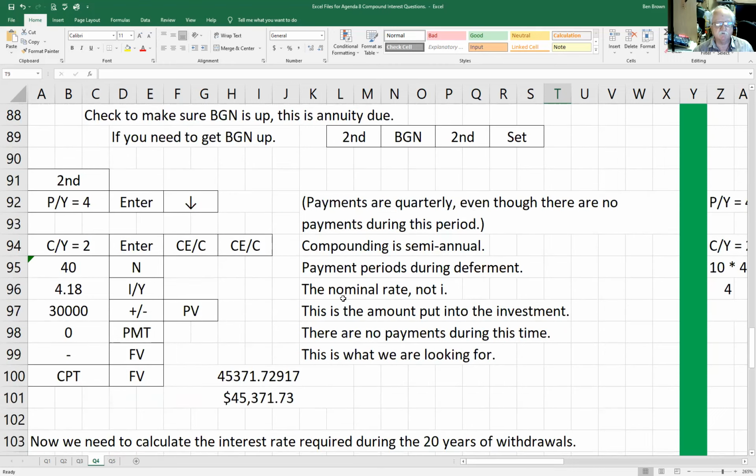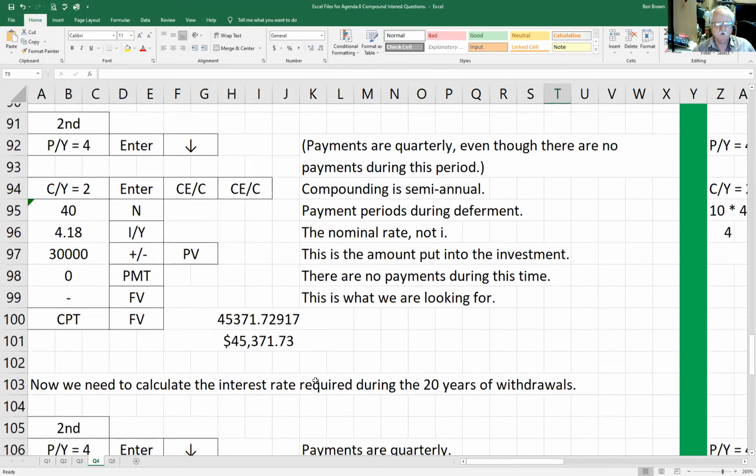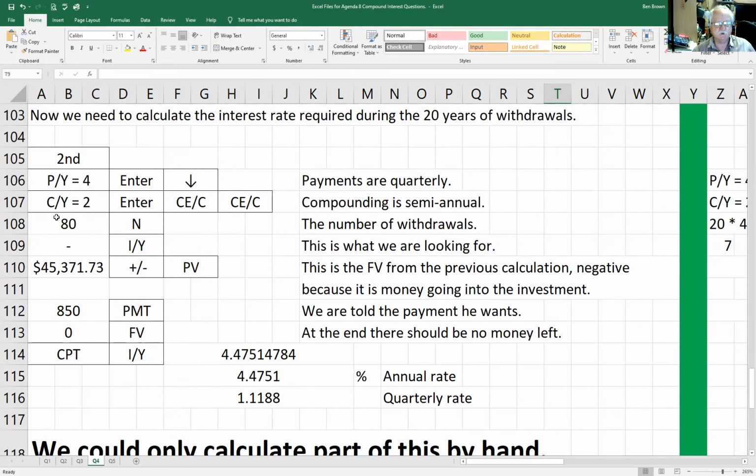Strangely enough, if we do the BA2 Plus, we still have to do the first calculation to find the future value. But when we do the second calculation, we actually get the number we want, the 4.4751% as the annual rate.